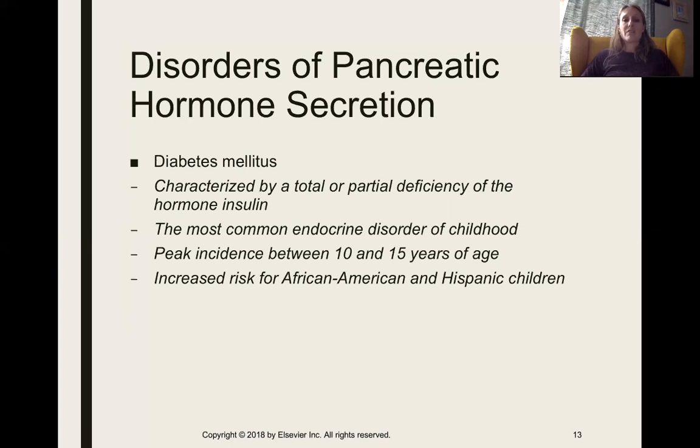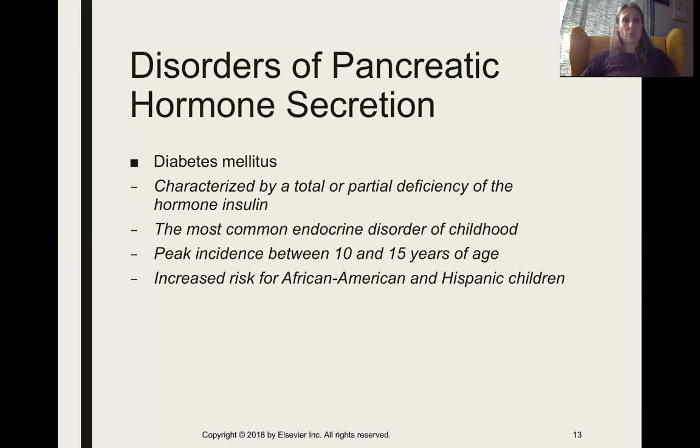But you can see here that the peak incidence of diabetes is between 10 and 15 years of age, and there's an increased risk for African American and Hispanic children. This is interesting because the risk for type 1 is actually increased for non-Hispanic white children.